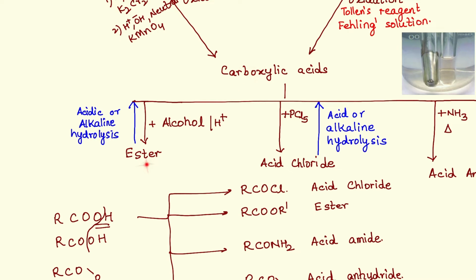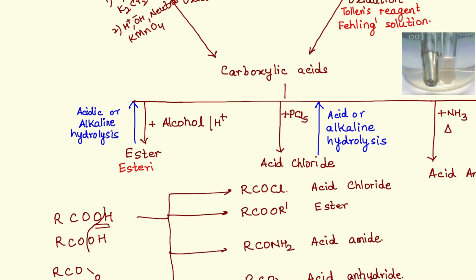So carboxylic acid to ester is by treatment with an alcohol in the presence of an acid. We all know this experiment from our grade 10 study as well, where we said that this reaction is known as esterification.